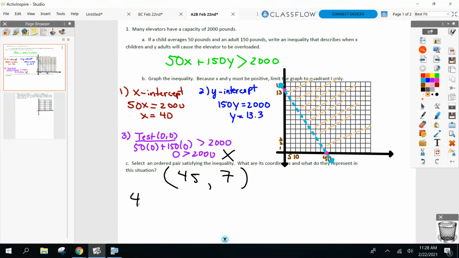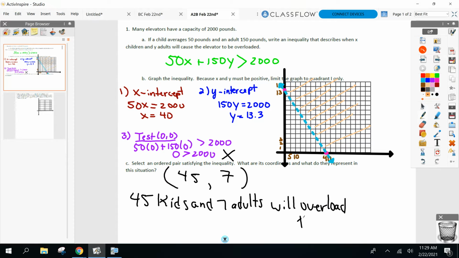So I know this seems extreme, but yes, 45 kids and 7 adults will overload the elevator. Or any combination in that shaded region will overload it. That's what the purpose was.